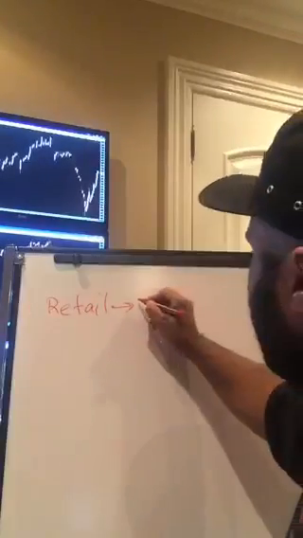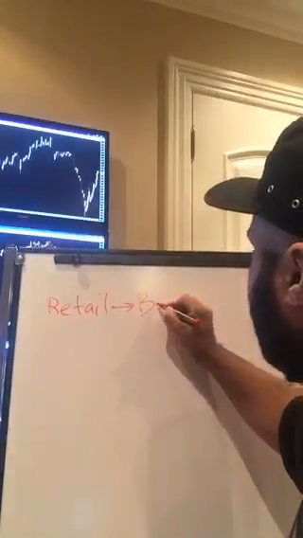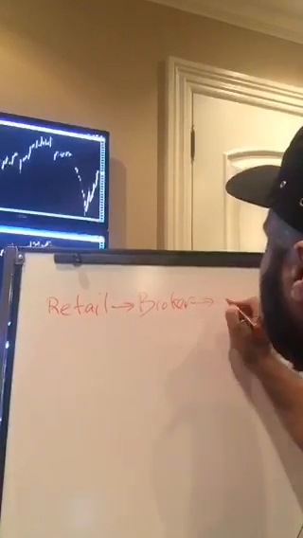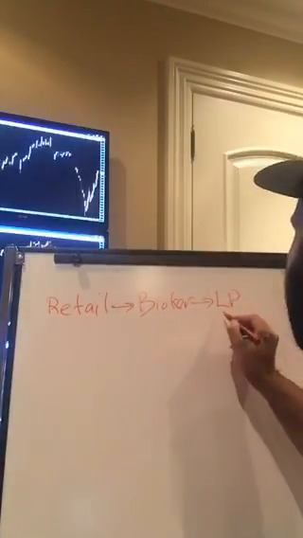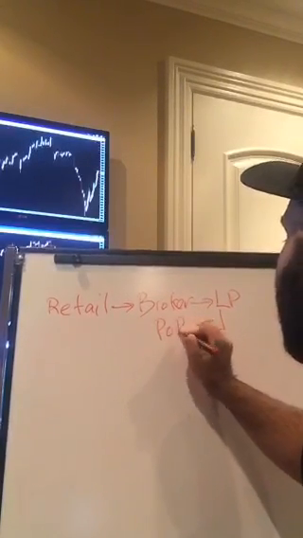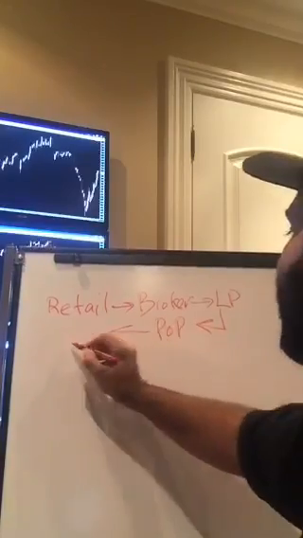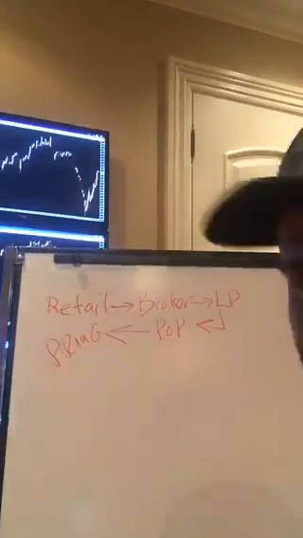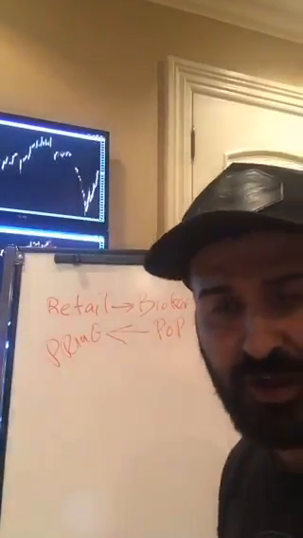Retail. All right? You buy from the brokerage. He buys from the LP. The LP buys from the prime of prime bank. Prime of prime bank buys from the prime bank. All right? That's the chain, right?